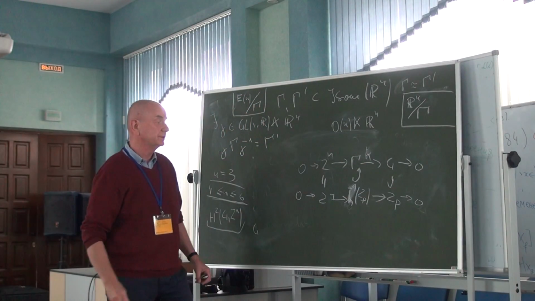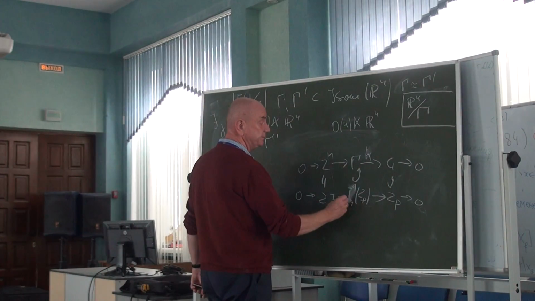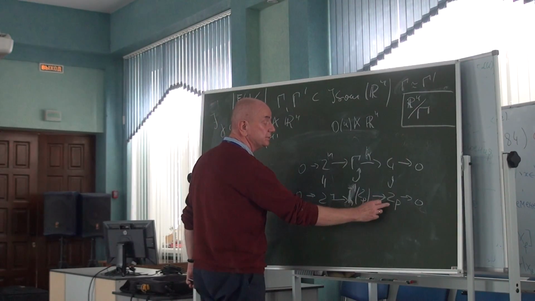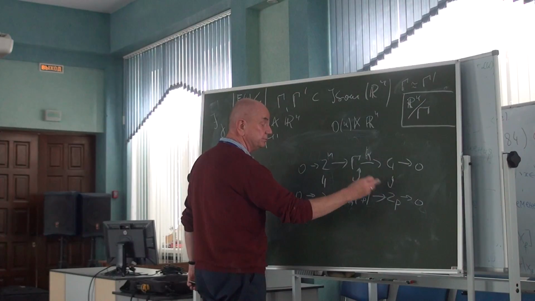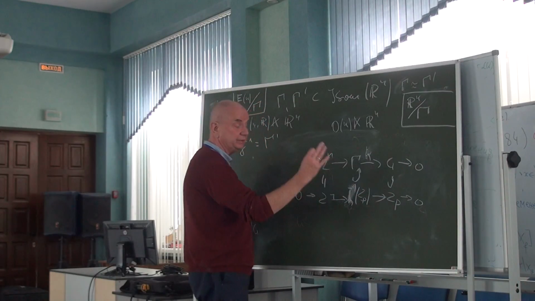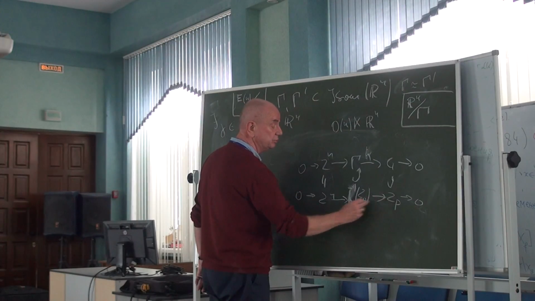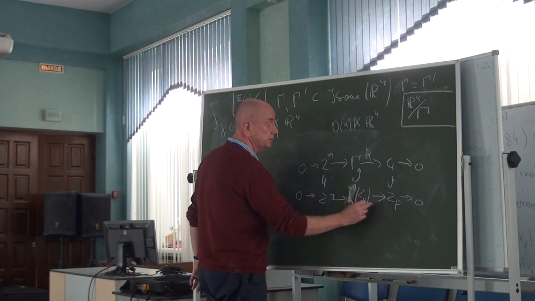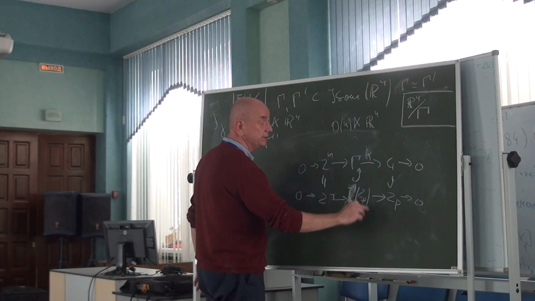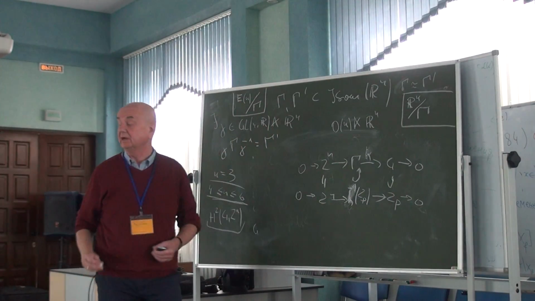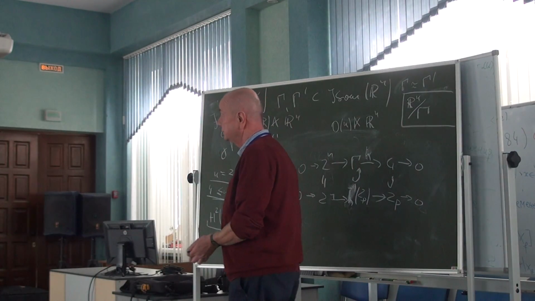So that means that if we have any torsion element, we can reduce it to order p, so that it belongs to this group, and that means the short exact sequence splits, which is equivalent to this element being trivial after restriction. So that is easy.